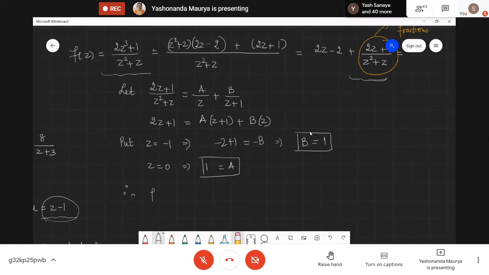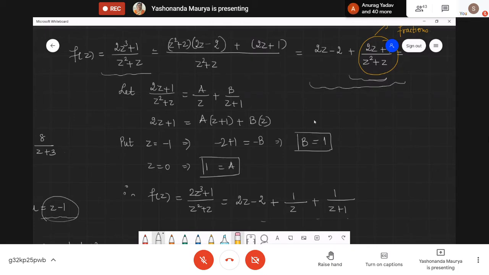Therefore, ultimately we needed this for the expression for f of z. So f of z, which is equal to 2z cube plus 1 divided by z square plus z, is actually equal to 2z minus 2 plus 1 upon z plus 1 upon z plus 1. I have directly substituted here.